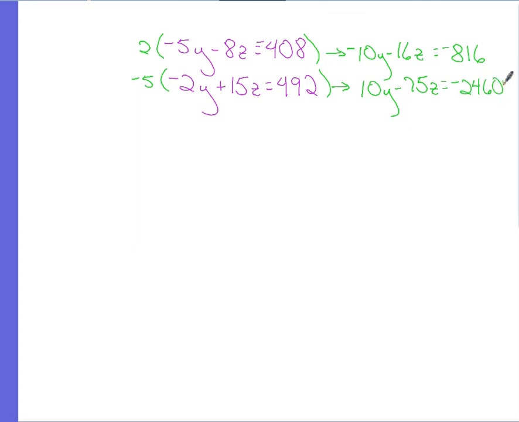Okay. Adding through, y's are gone, leaving us with only z's, -91 of them. What's -816 minus 2460?